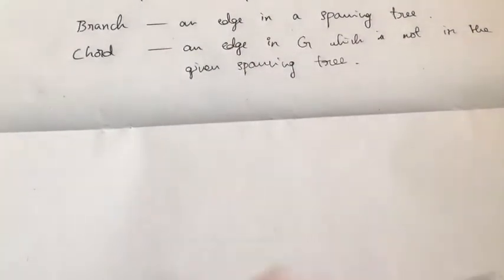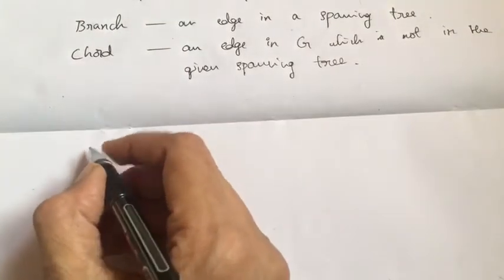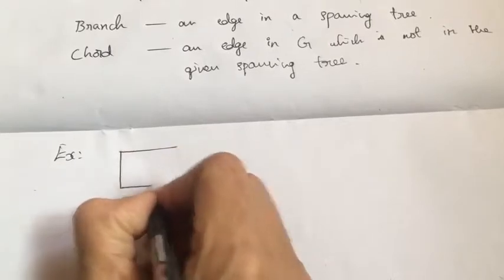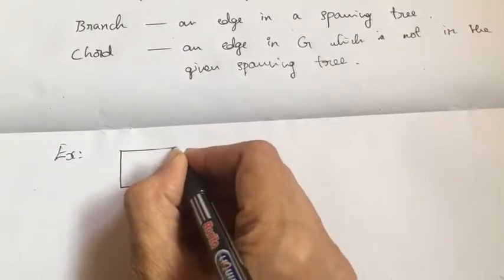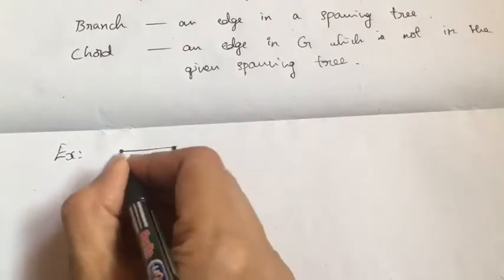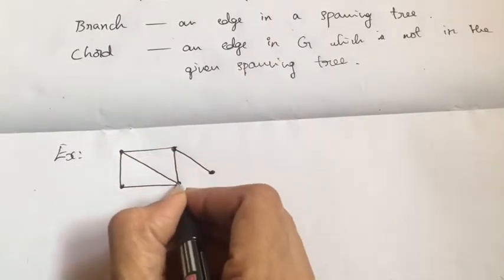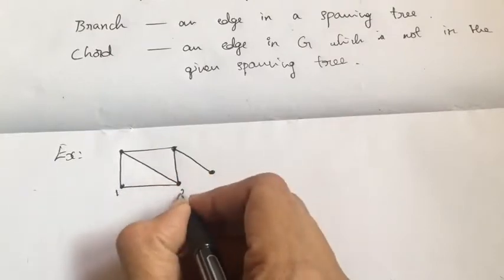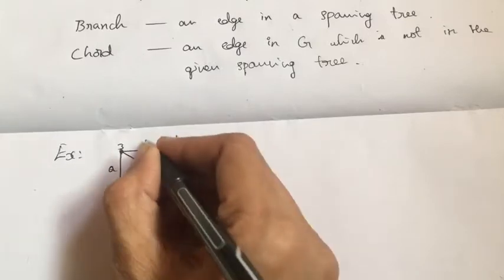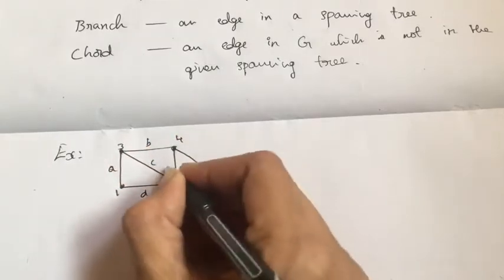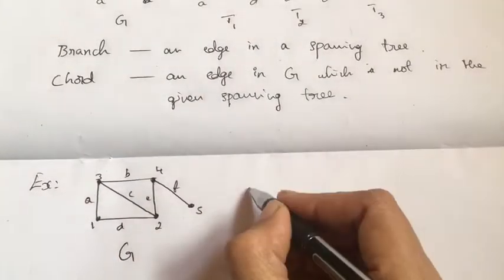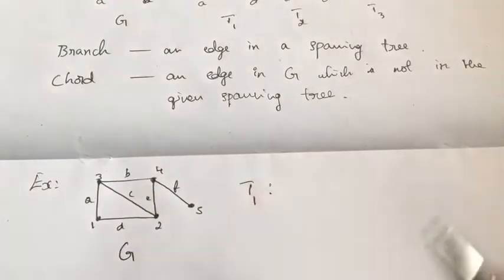I'll give some other example in the same way, but I'll name the edges. Suppose this is my graph with 5 vertices, and edges A, B, C, D, E, F. Now this is my G. I'll draw one such spanning tree.